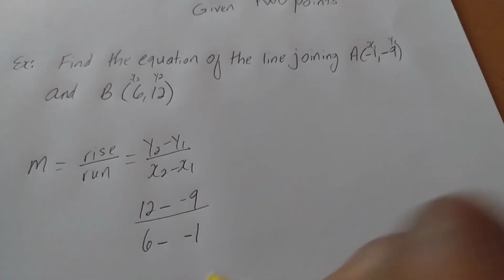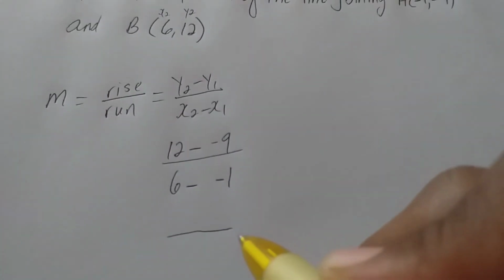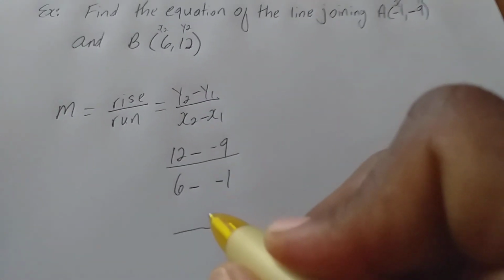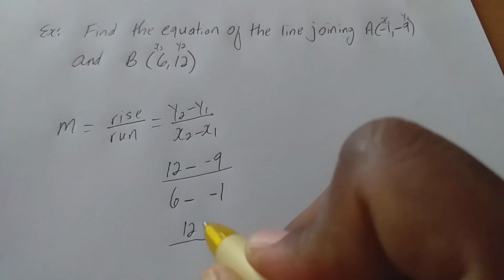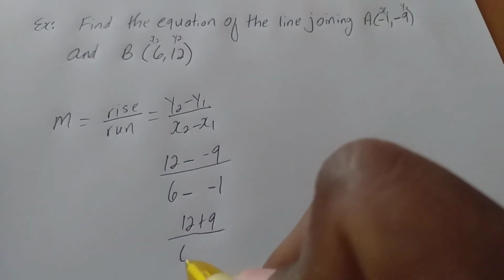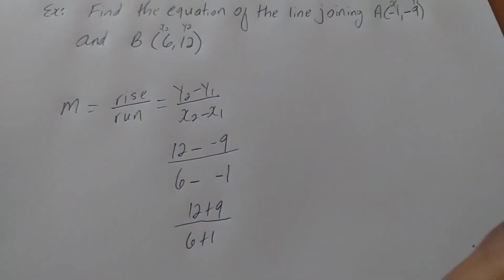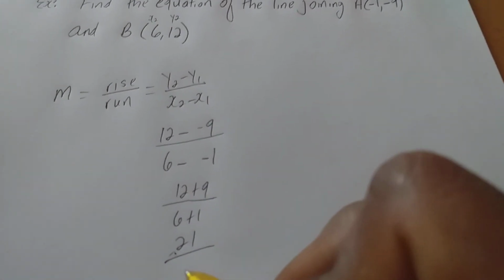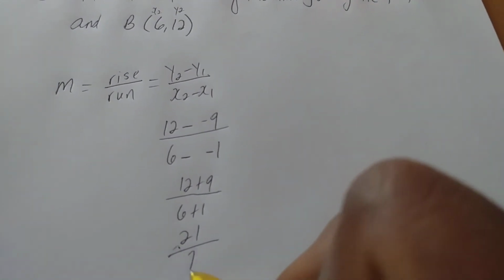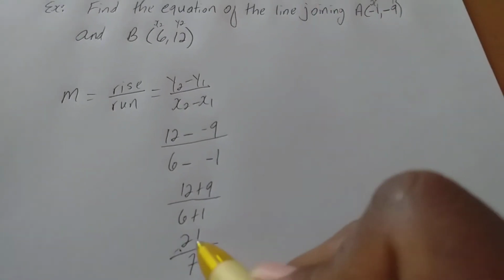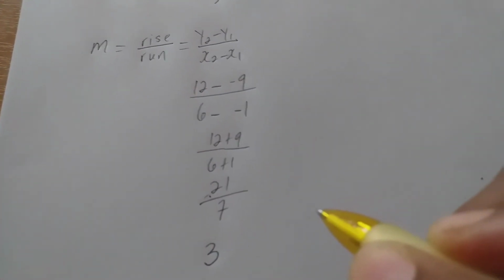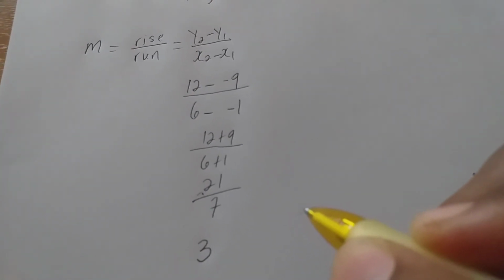Now, in both cases, we are subtracting a negative number, and when a negative number is subtracted, it becomes the addition of a positive number. So this works out to become 12 plus 9 over 6 plus 1, which works out to be 12 plus 9, which is 21, over 6 plus 1, which is 7. And 7 into 21 goes 3 times. So our gradient or our slope is 3.